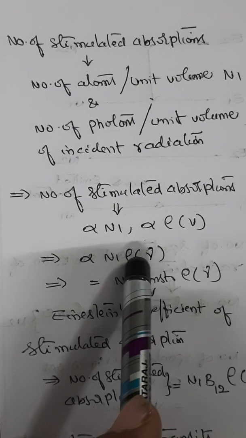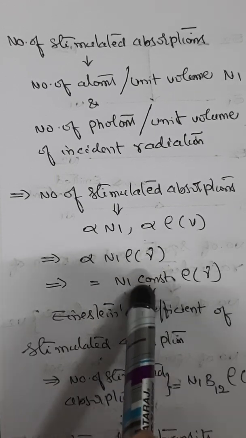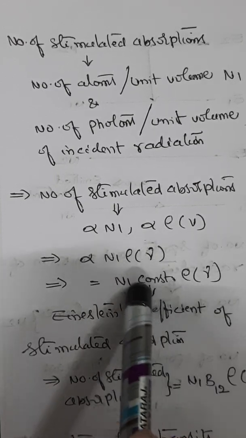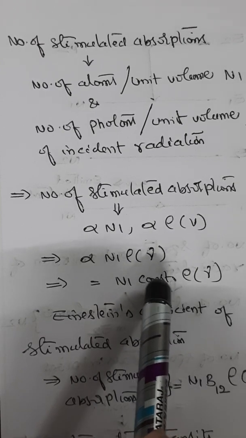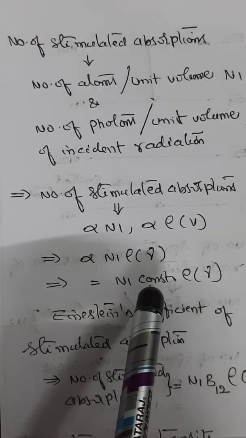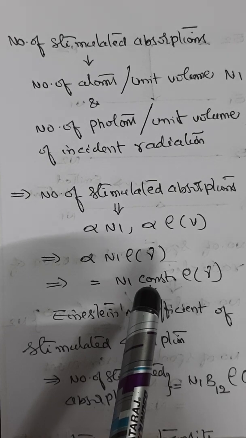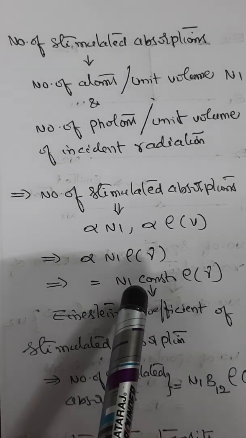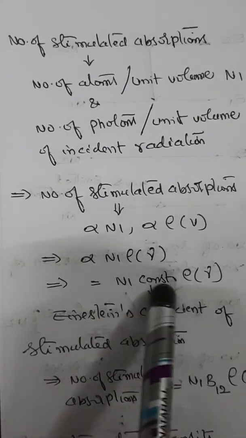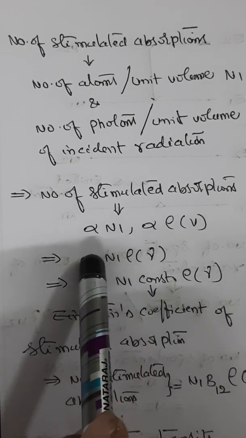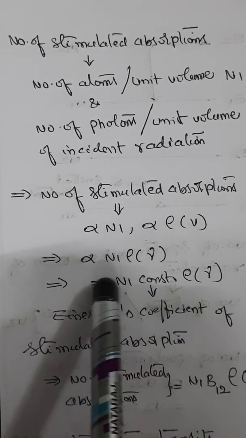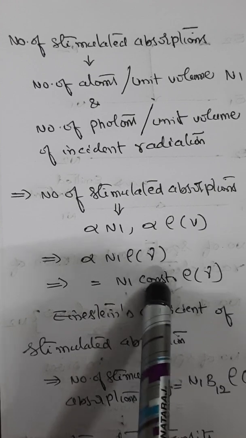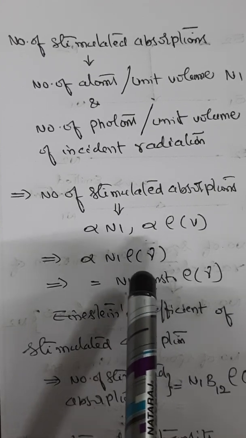Here, Einstein has introduced two interesting constants, A and B. Because the levels are 2, energy 1 and energy 2, he has given 1 to 2, 2 to 1 consideration. Therefore, in this situation of stimulated absorption, the constant he termed the Einstein coefficient.